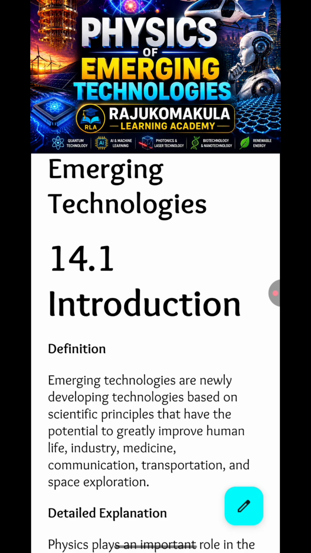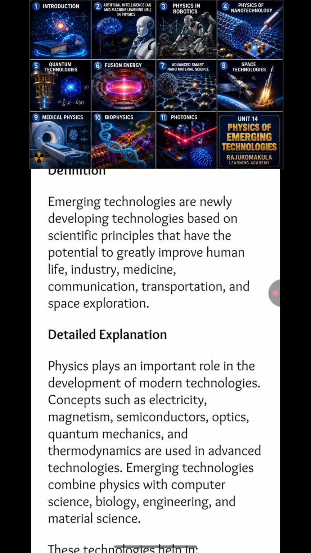The definition is: emerging technologies are newly developing technologies based on scientific principles that have potential to greatly improve human life, industry, medicine, communication, transportation, and space exploration also.